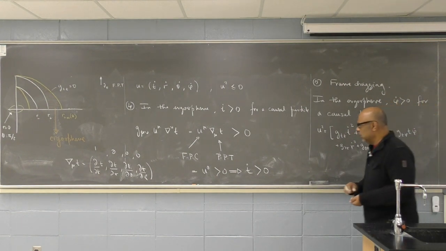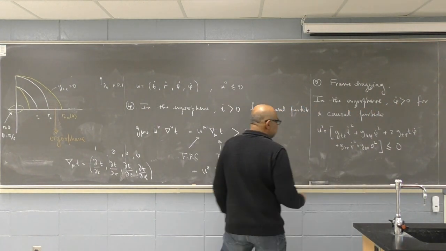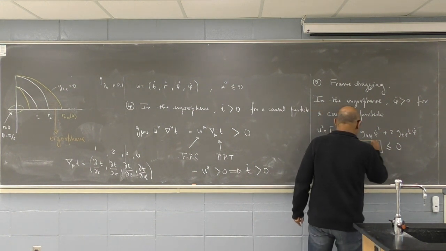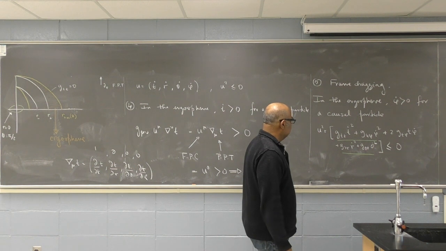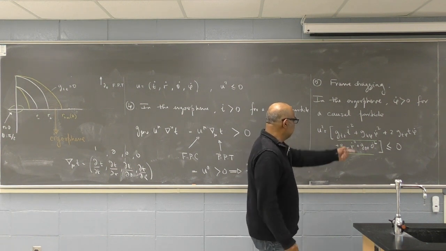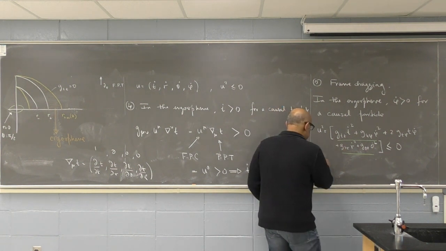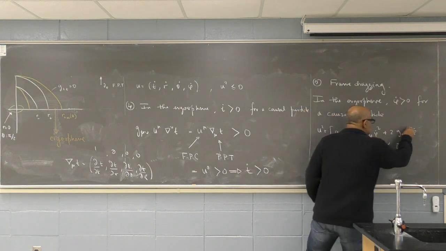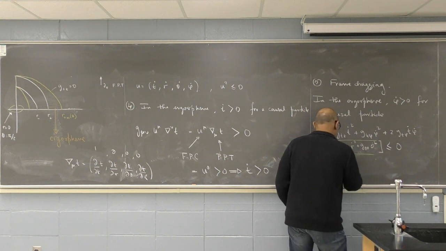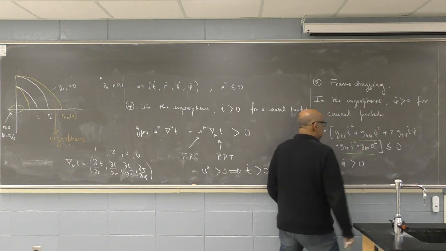That has to be less than or equal to 0. And just by a quick inspection, you can see that these guys are positive. The only way this can be less than or equal to 0 is if g t phi t dot phi dot is less than 0.